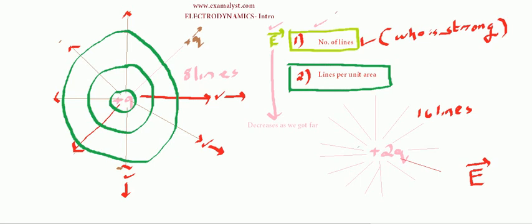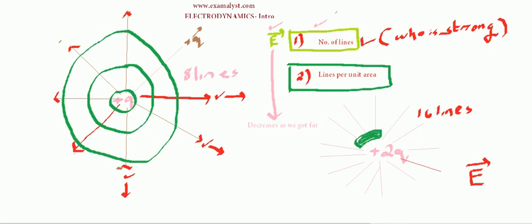If I consider a unit area, say this is a unit area, drawn on a sphere, because the equipotential surfaces that I'll discuss later on are spheres. I'm giving color to it, the green one. Please note this is drawn on a sphere.